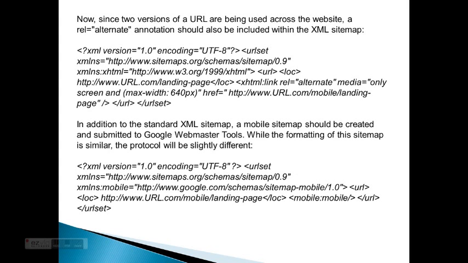Now, since two versions of a URL are being used across the website, a rel alternate annotation should also be included within the XML sitemap.